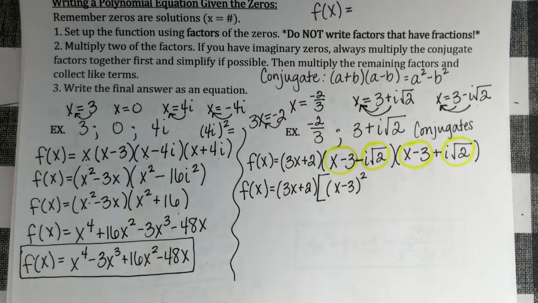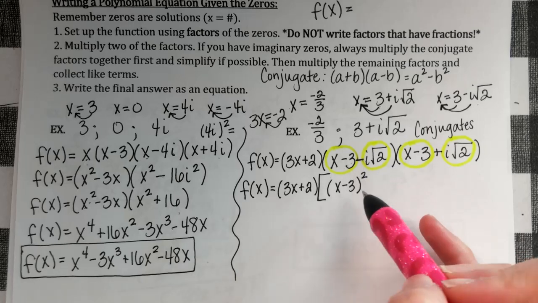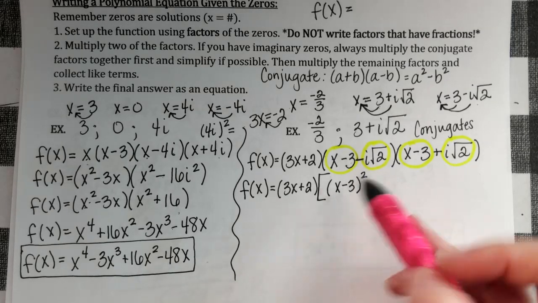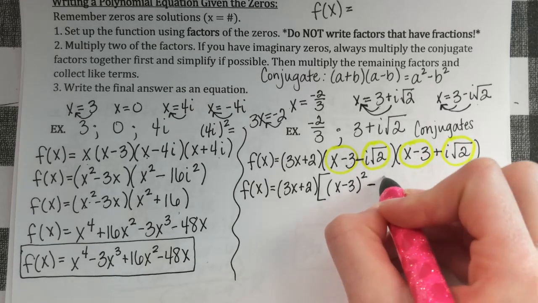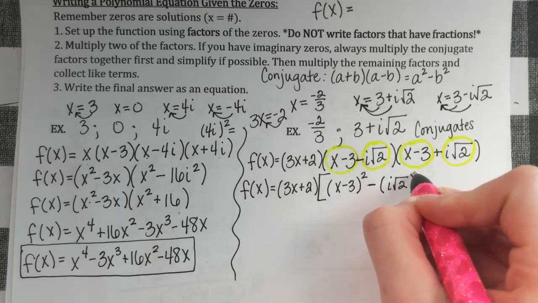Because my conjugate formula tells me if I have a plus b and a minus b, that's a squared minus b squared. So my a is this x minus 3 squared. Minus my b would be i square root of 2 squared.